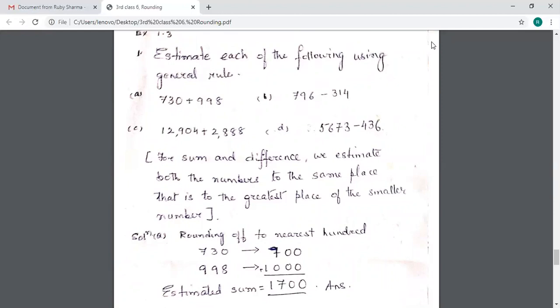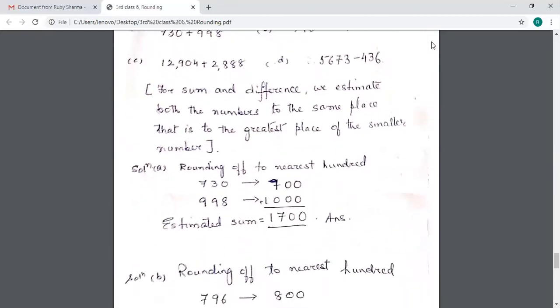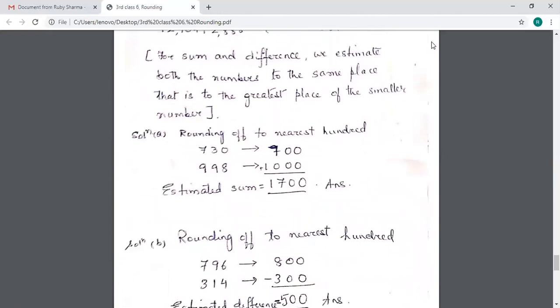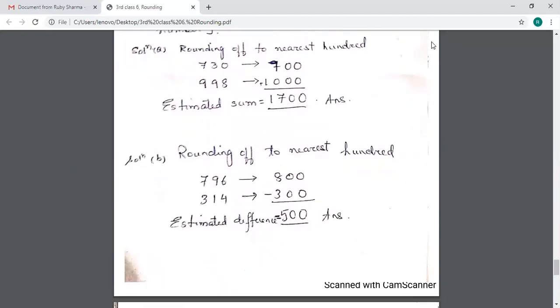So here, rounding off to the nearest 100, 730 is 700, and 998 is 1000. So you can estimate using any rule, using the number line or without it. And the estimated sum is the addition of the rounded off numbers, that is 1700.